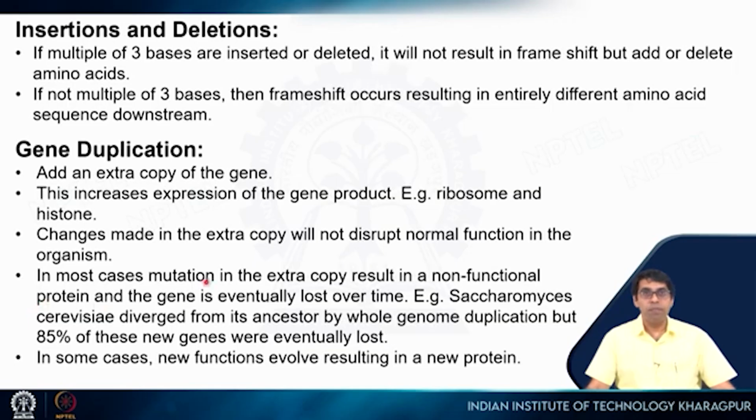So in most cases, mutation in the extra copy results in a non-functional protein and the gene is eventually lost forever. But in these cases, the gene will still be there because you have extra functional copies.